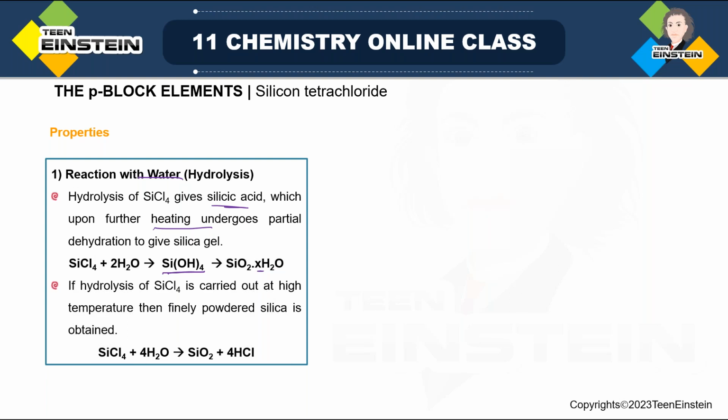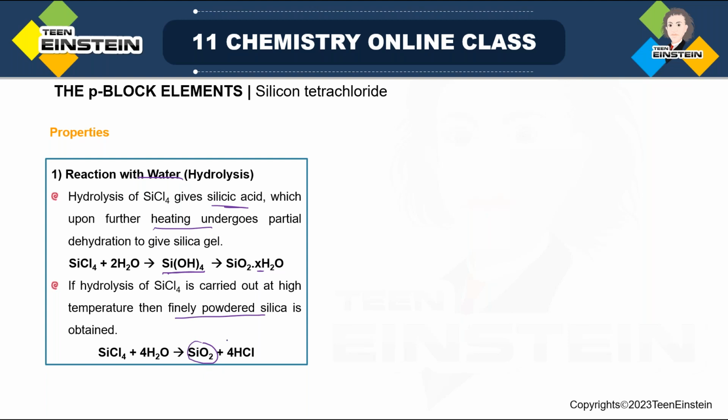Then hydrolysis of SiCl4, if it is carried out at high temperature. What is the difference with the previous reaction? In the previous reaction, we first get silicic acid and then increase the temperature. But if we start the process at high temperature, you end up with finely powdered silica, which is already anhydrous, with no water molecules associated with it.